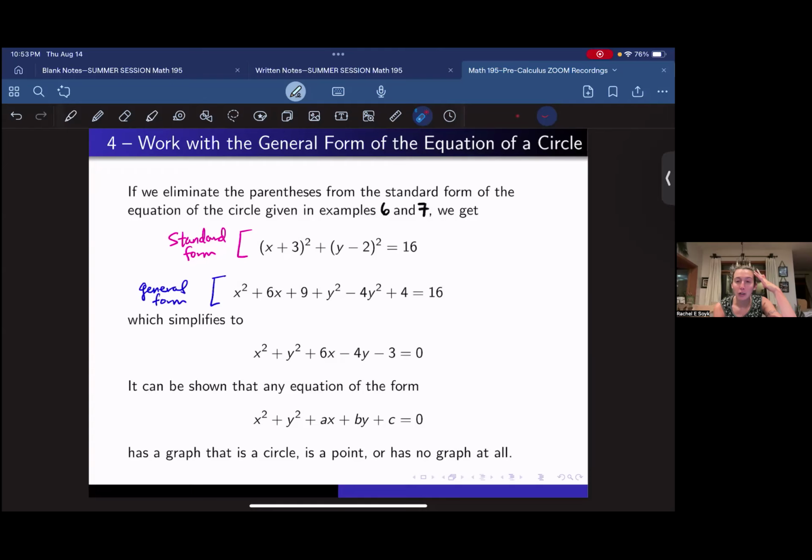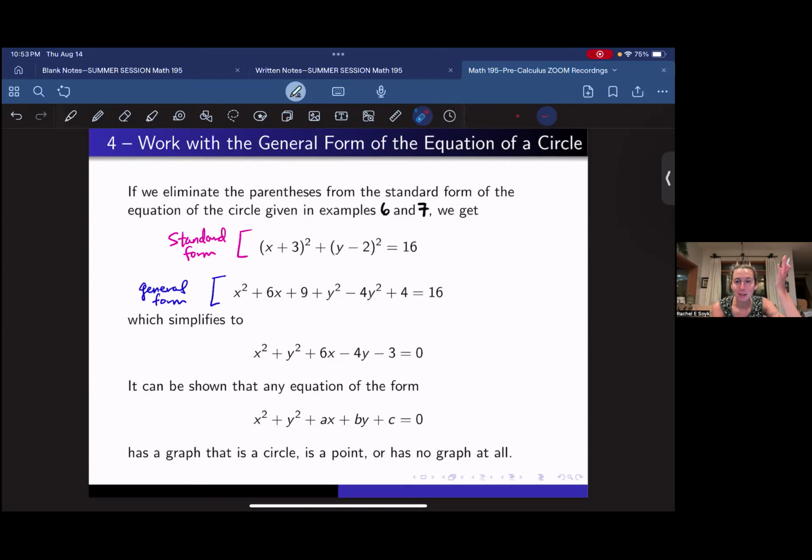Apparently, it's the difference between standard and vertex form. Our standard form is a in parentheses x minus h, close parentheses squared plus k.